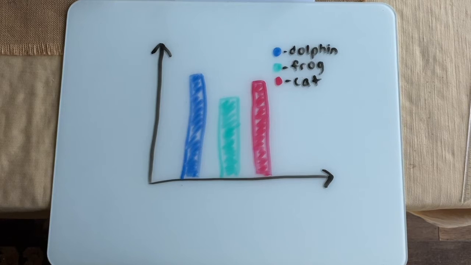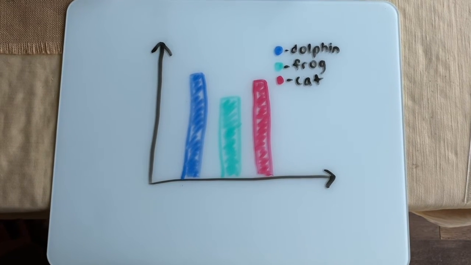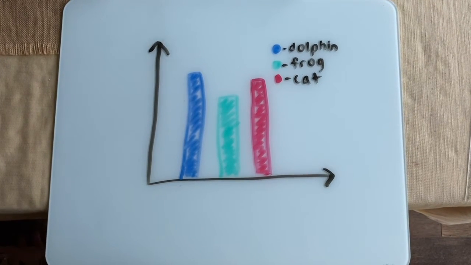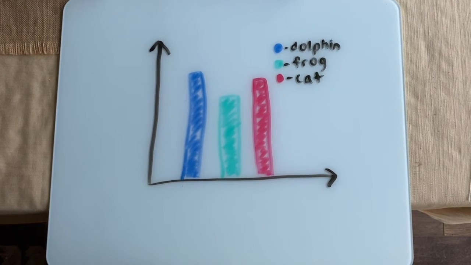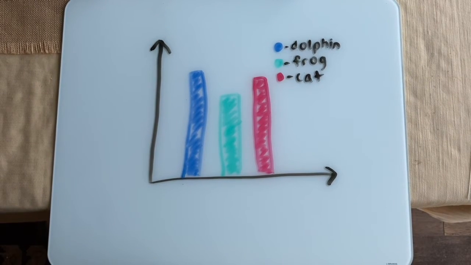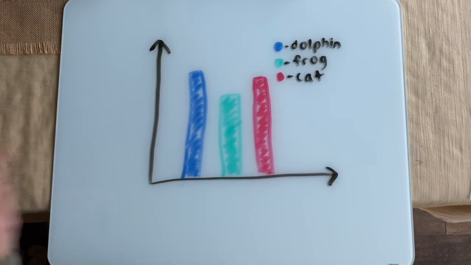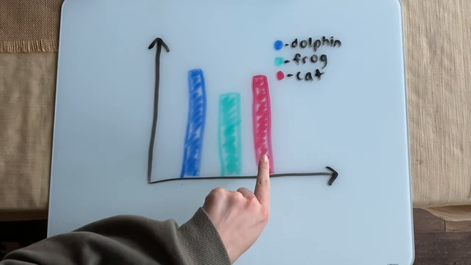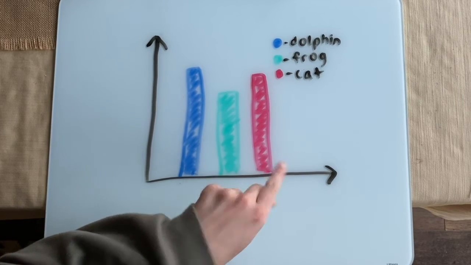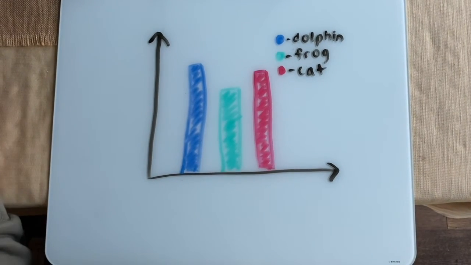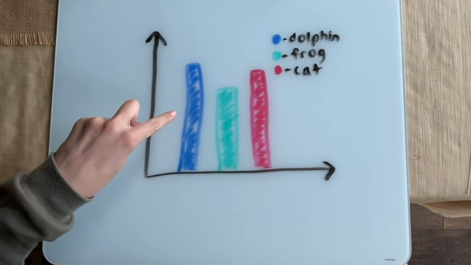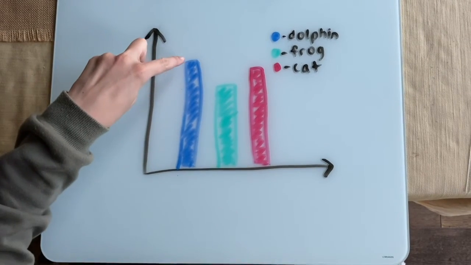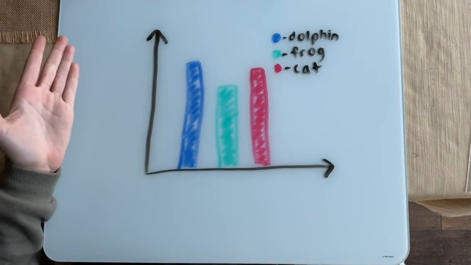A group of kids did a survey, which is what we call the collected information, about their classmates' favorite animals. Based on the graph, which animal do you think got the most votes? The dolphin, the frog, or the cat? Well, since this column, or bar, is the highest, the dolphin got the most votes.